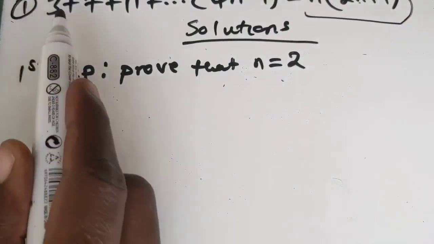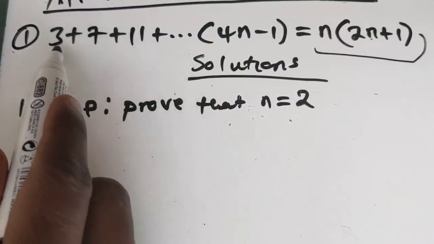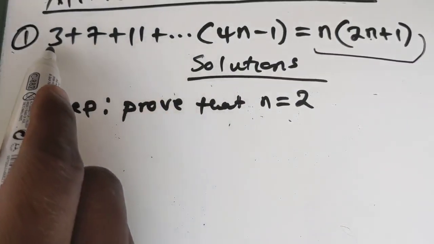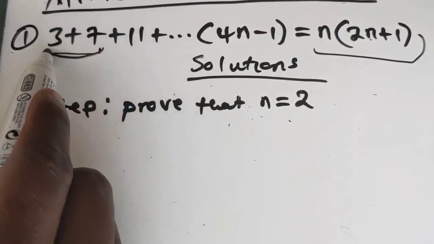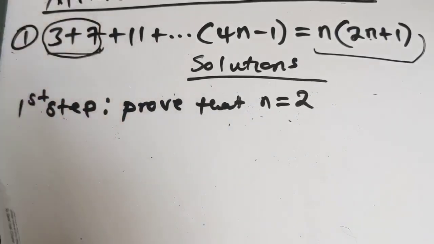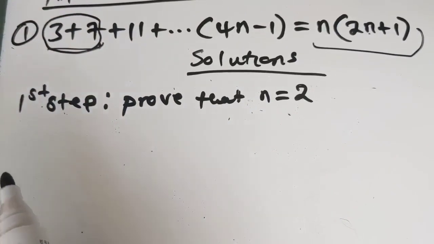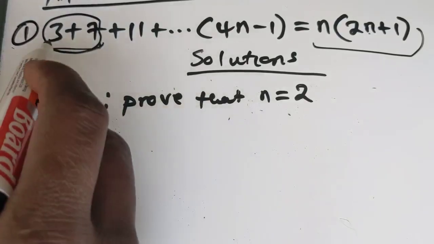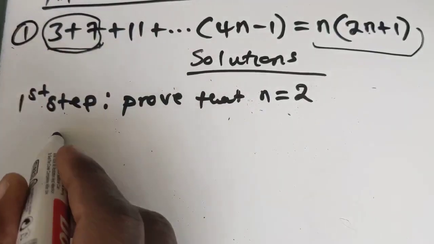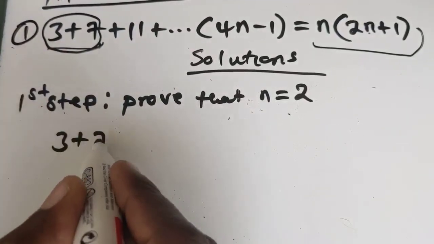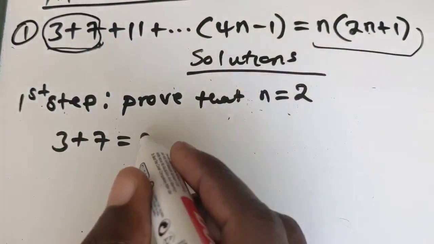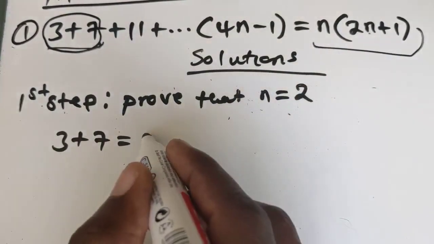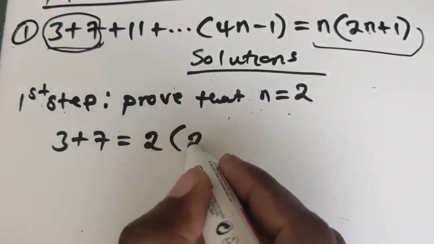So here we have term 1, term 2, term 3. It is getting the sum. This is term 2, it is getting the sum of this. So we'll say 3 plus 7 is equal to this. We said that n is equal to 2, so we'll put 2 multiplied by 2.